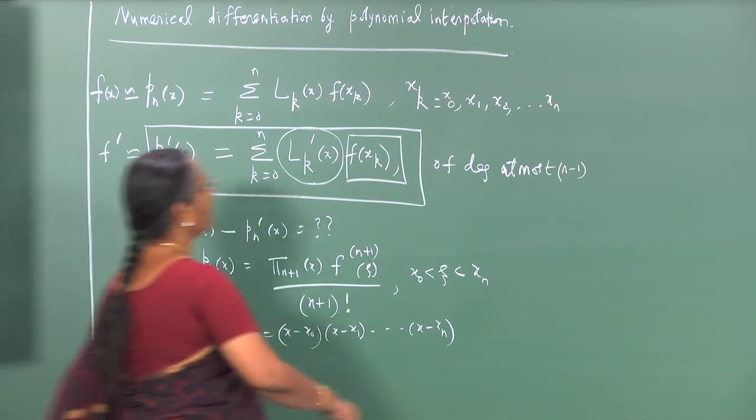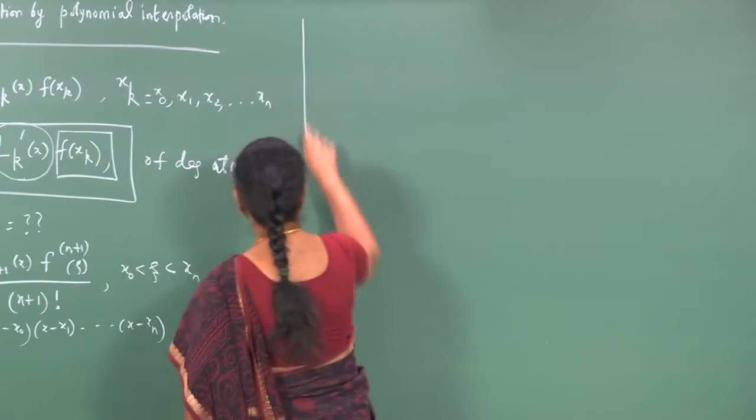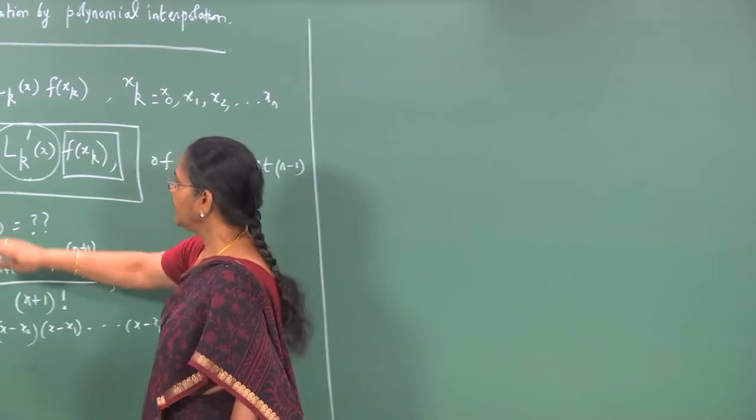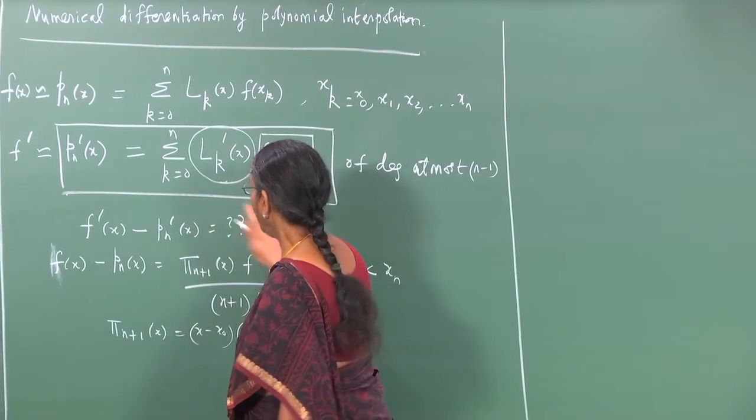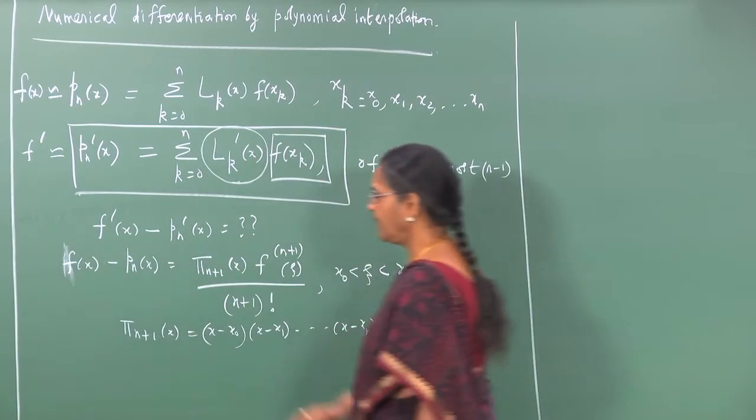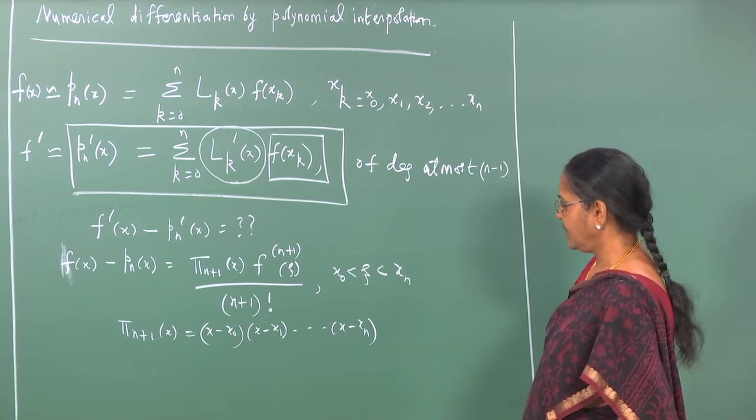So, let us compute the derivative and see whether we are able to give an expression for the error f dashed of x minus pn dashed of x.